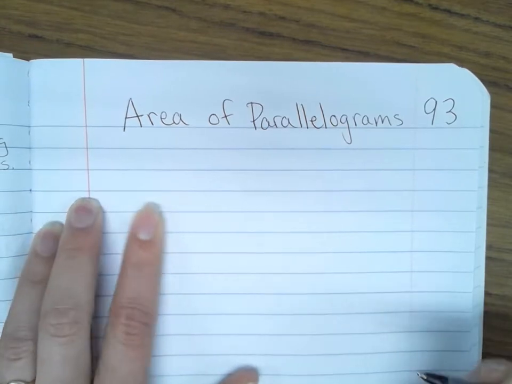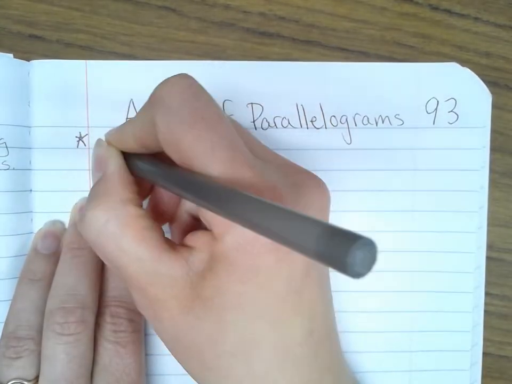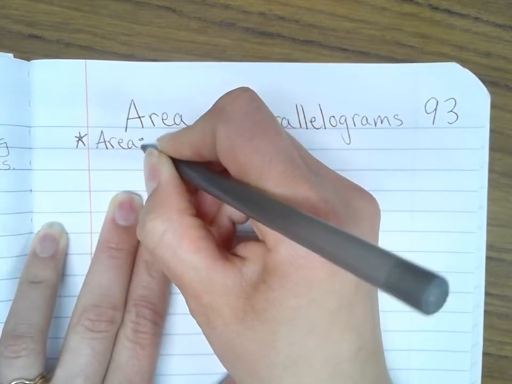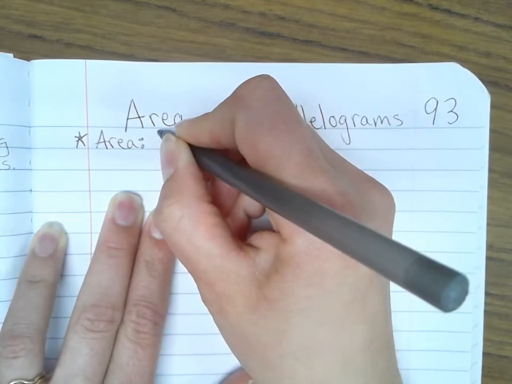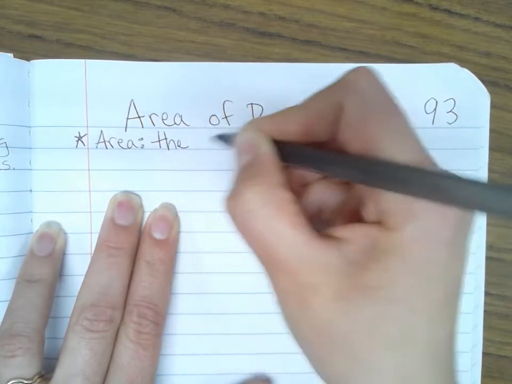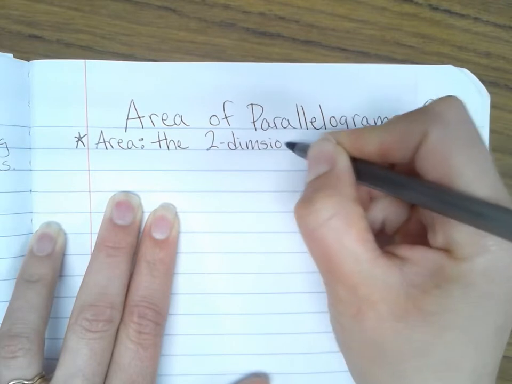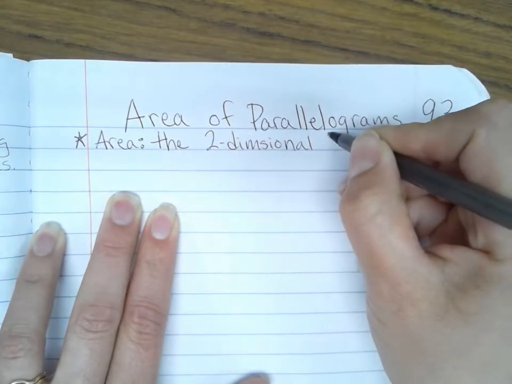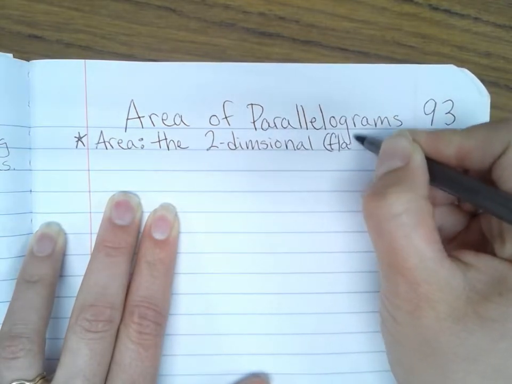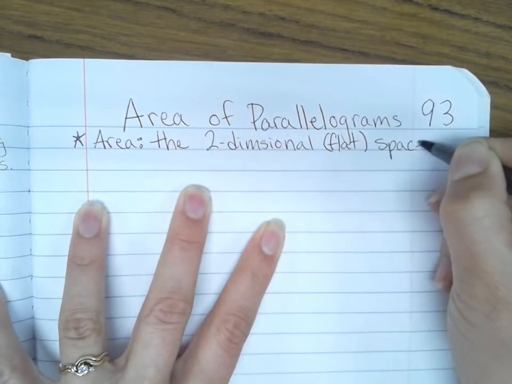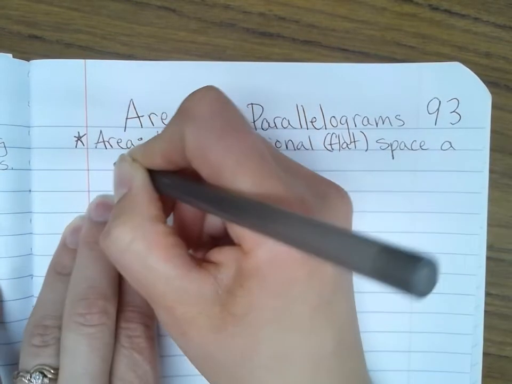All right, first of all, let's define what area is. Area is the two-dimensional space, meaning flat, a shape takes up.